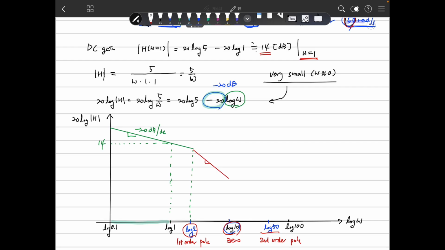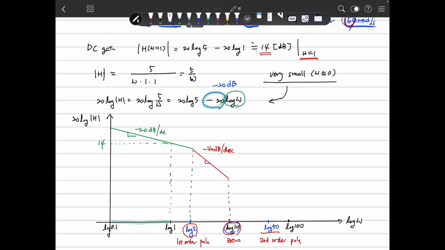There will be minus 40 dB per decade. Then we meet zeros. What happened to the zero? The slope is increasing 20 dB per decade.